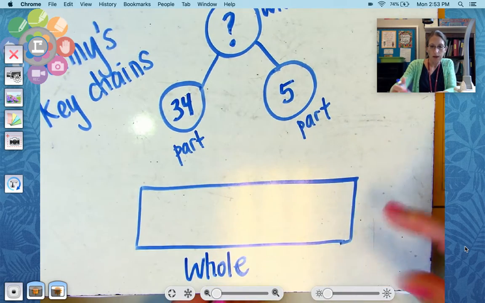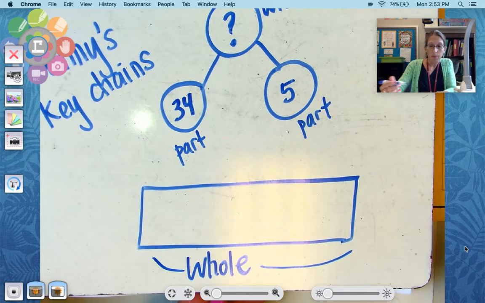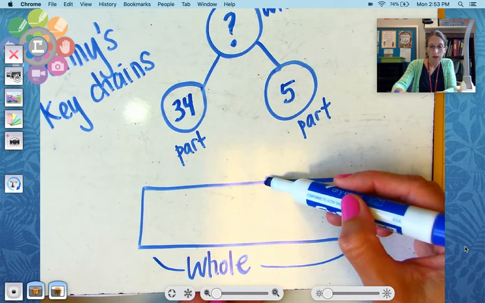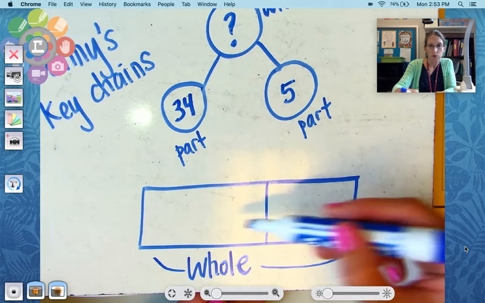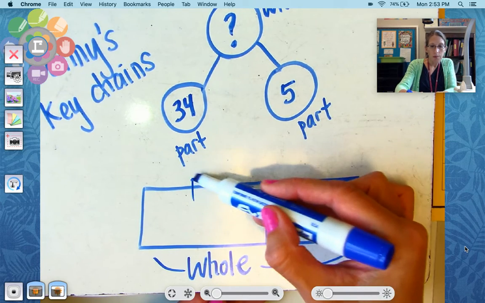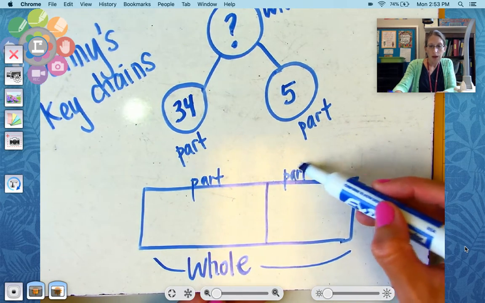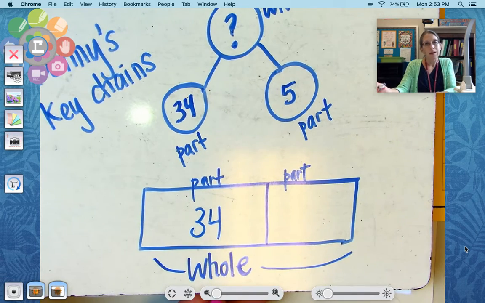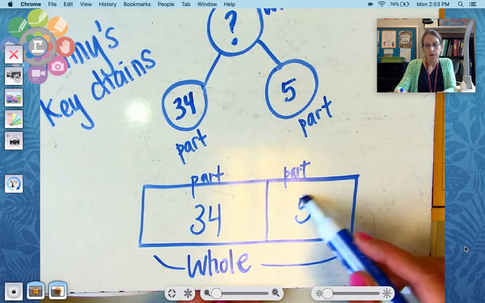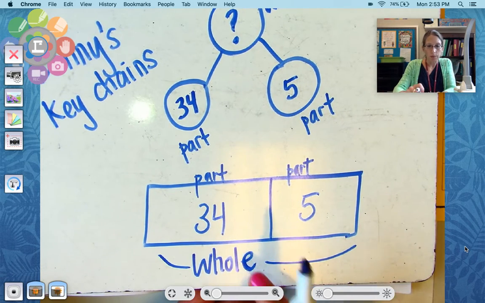This whole rectangle is our whole number. And then to show the parts, what we do is we kind of just chunk it into different parts. So here we have 2 parts. Part, part. And one of our parts is the number 34, and the other part is the number 5. And then what we're trying to find out is the whole number.